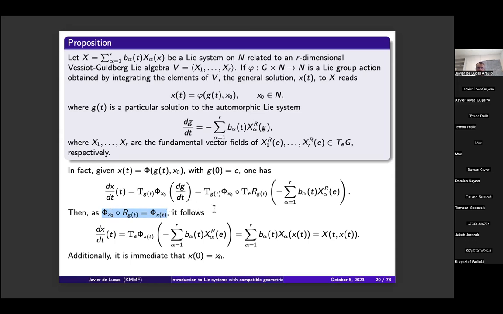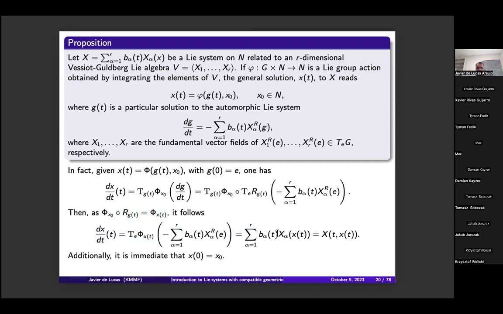So doing so, it follows the following thing. This part in here, since it's the tangent to R of g(t) with the tangent to phi of x(0), by means of this, is the tangent at the neutral element of phi, okay, with this thing.